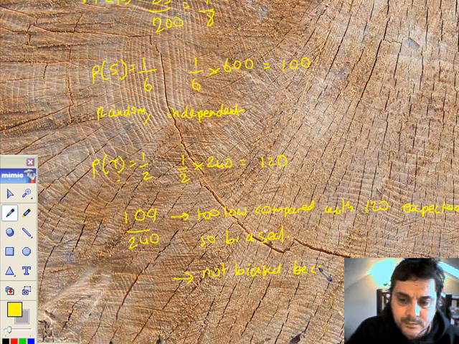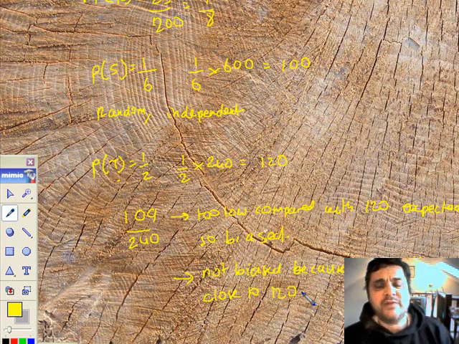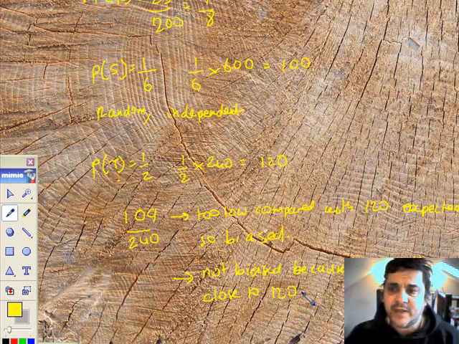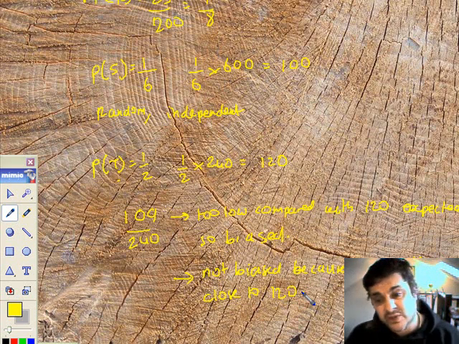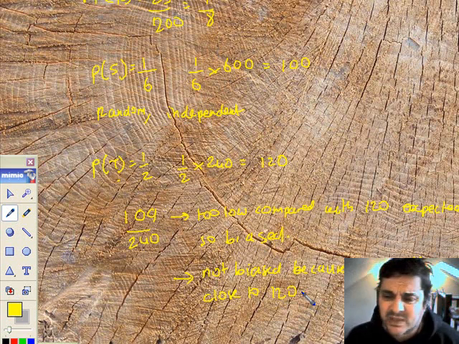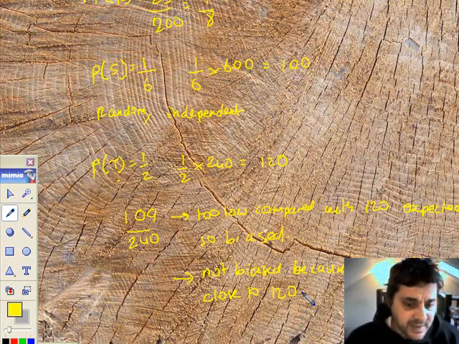Why? Because 109 is close to 120. Now, even in an exam, if you argue it either way, then you still get your marks. So too low because you judge that 109 is too far from 120, or you can say, well, no, it's only an experiment, it's not biased. 109 is a fair result, even if you do expect 120. So either way, it's pretty good.